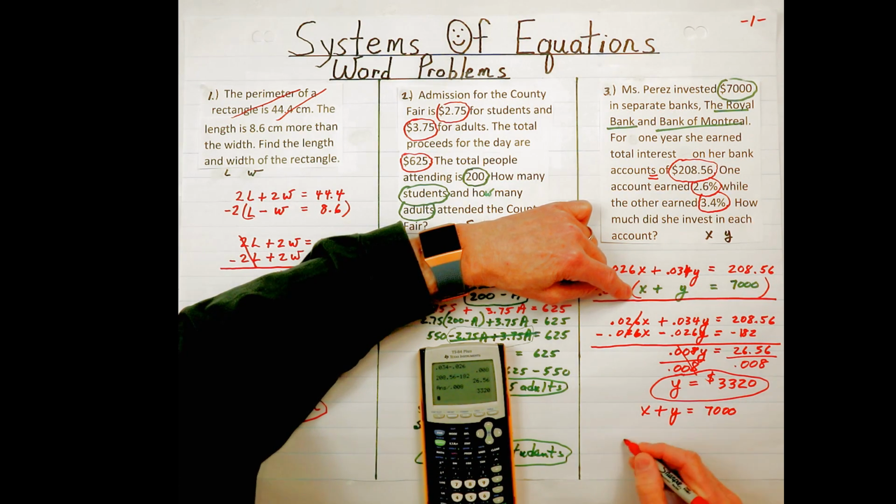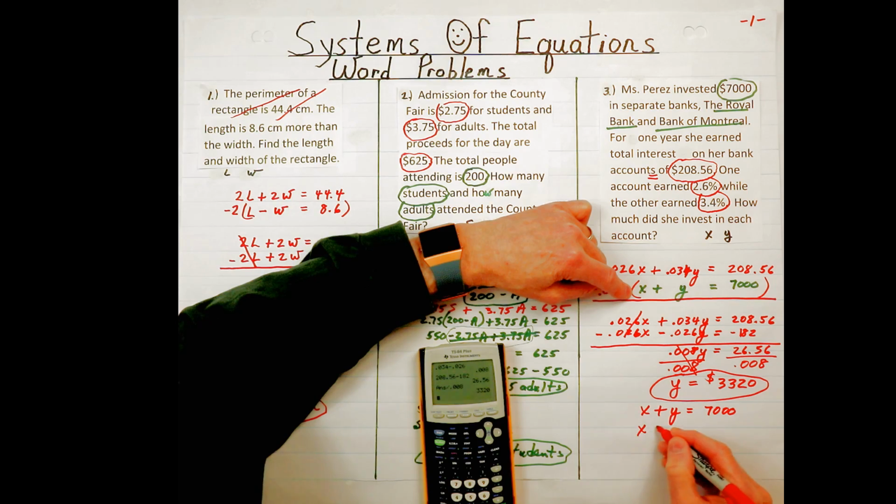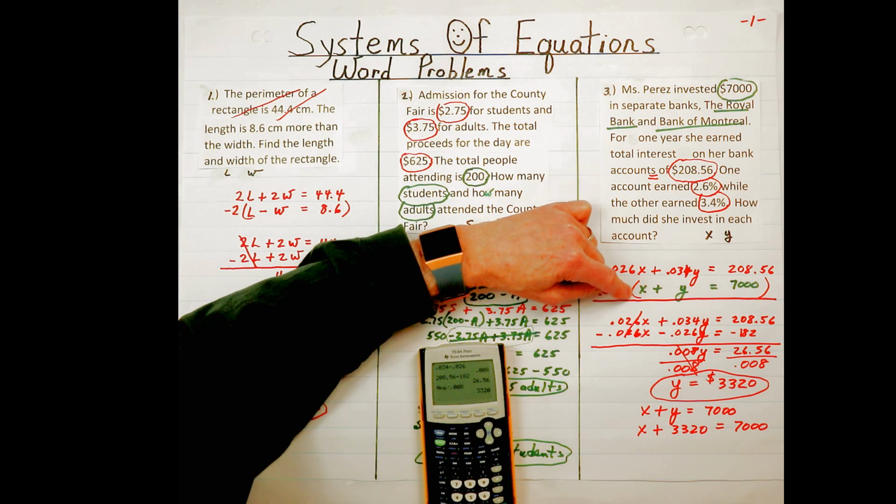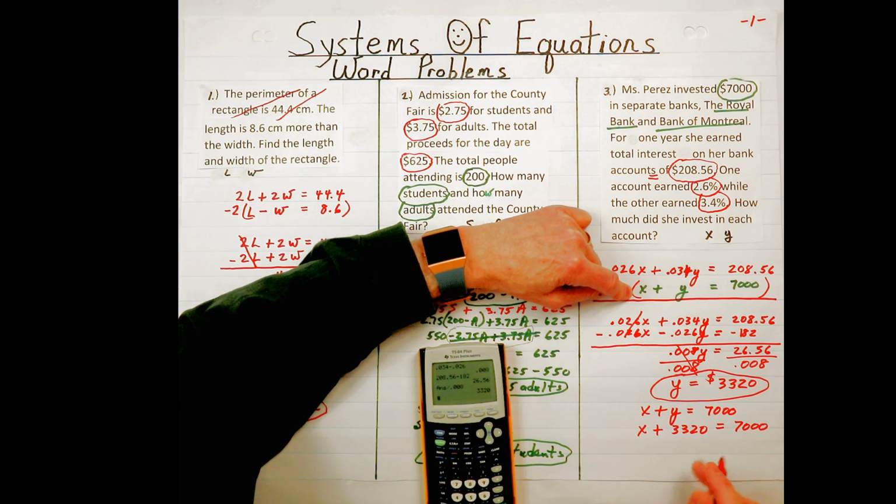Okay, so y is 3,320, so x plus 3,320 is equal to 7,000. And we have to get x by itself, so 3,320 has to come over to the other side.